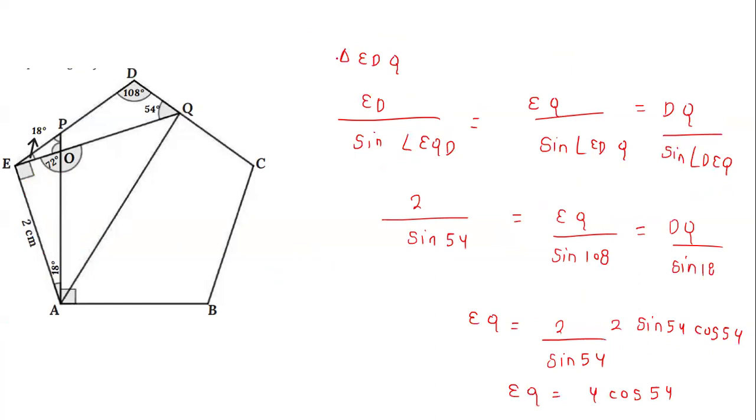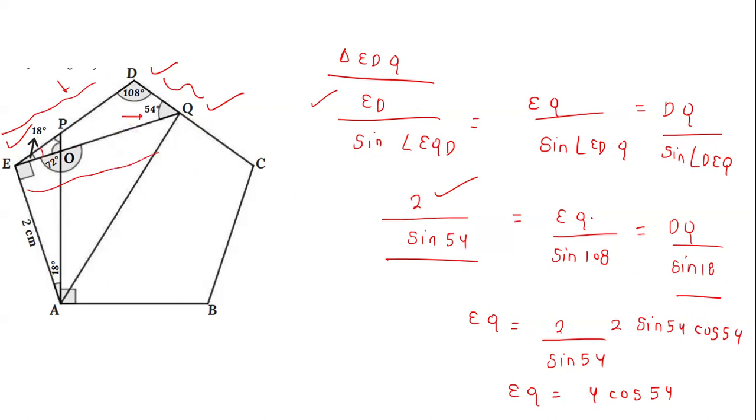Now look at the triangle EDQ. In this triangle, you can also apply the sine rule. So it becomes ED, which is this distance, divided by the sine of this angle, which is sine of 54, and ED we know is 2, so we can put it here. Again, one side is DQ, and this angle is 18 degrees, so DQ divided by sine 18, and this whole distance EQ, and we know this angle is 108, so this becomes sine of 108.